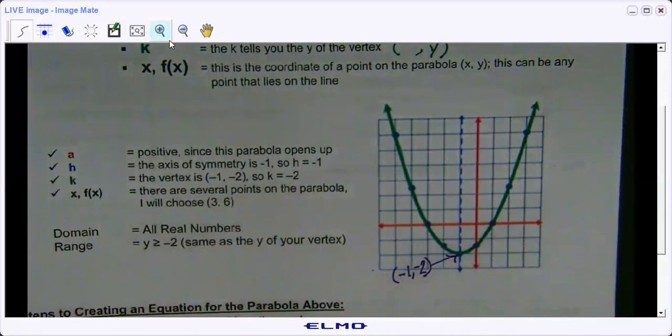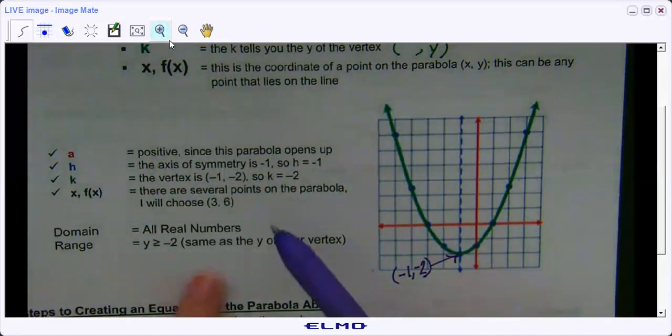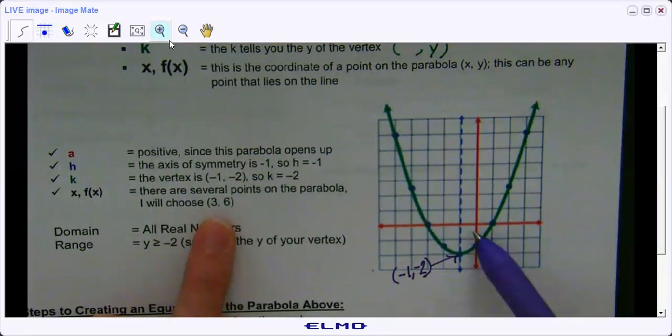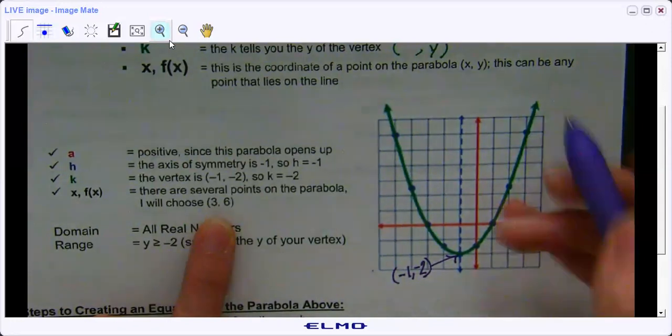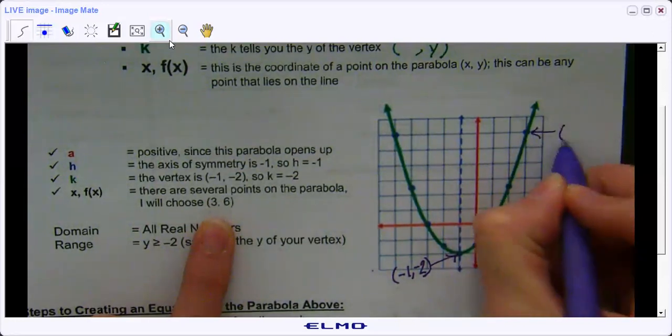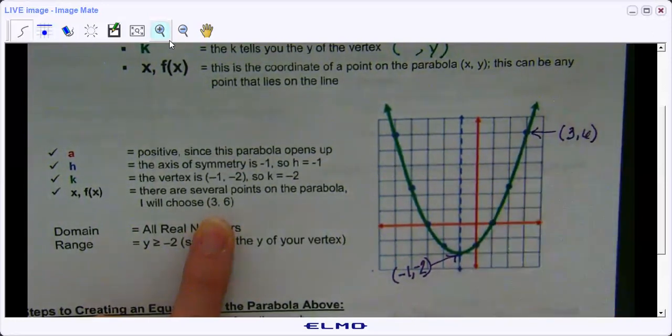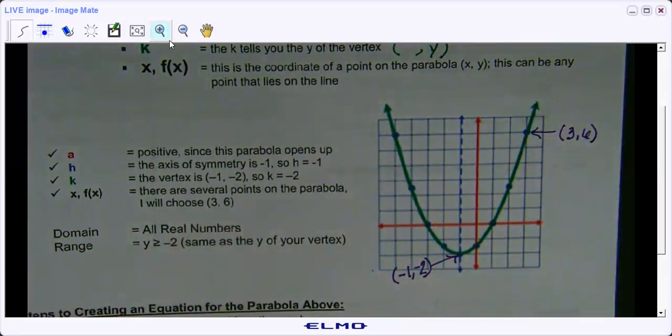And there are several points on this parabola. We could choose any one of them. In this case, I've chosen 1, 2, 3, and 6. So I've chosen this point right here, which is 3, 6. Okay.